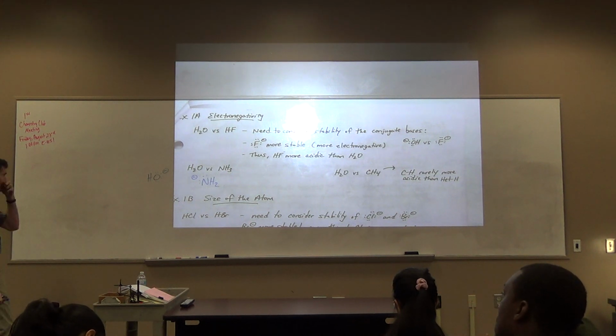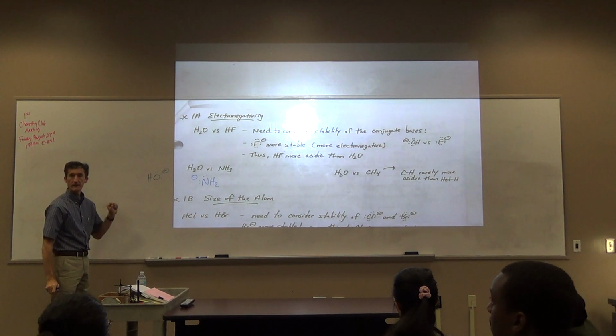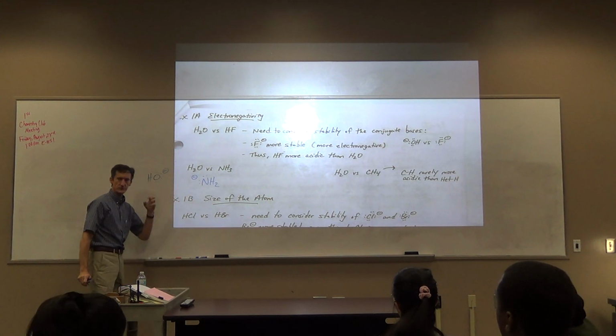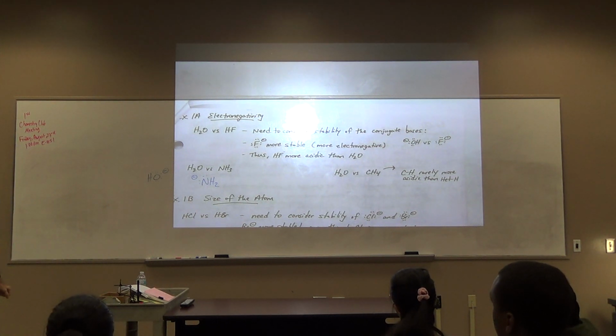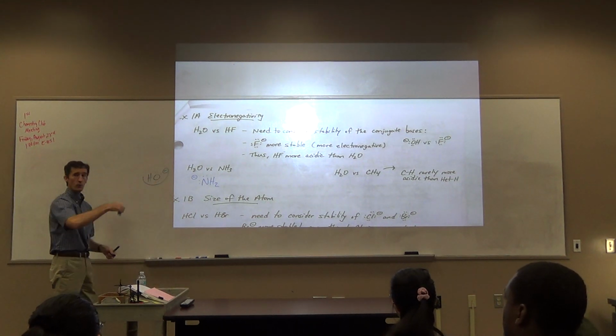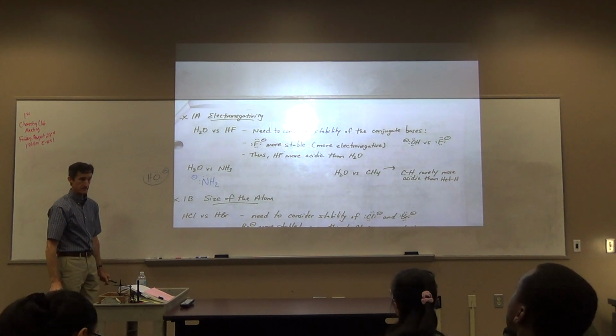Which is more stable? What can be your argument? These are different atoms. The charge, minus on oxygen, or nitrogen. Which can hold the charge better, likes it better? Oxygen, because it's more electronegative. This is more stable, thus water is more willing to act as an acid and become the conjugate base.